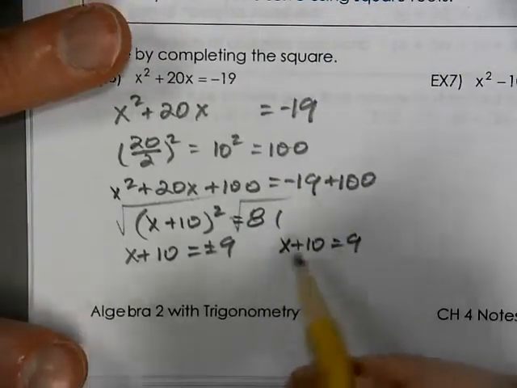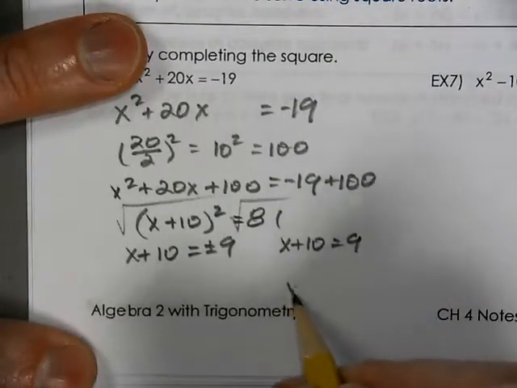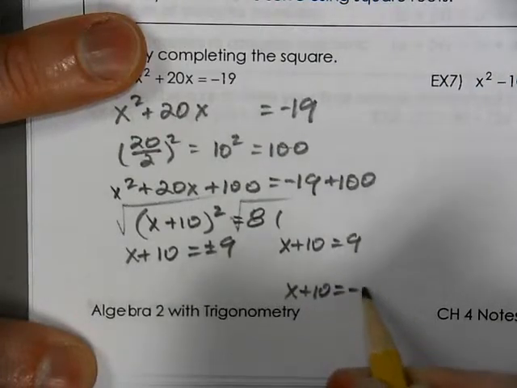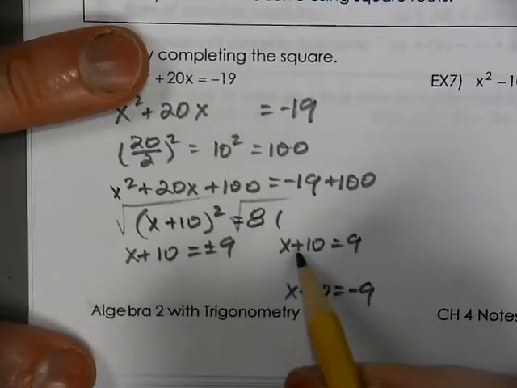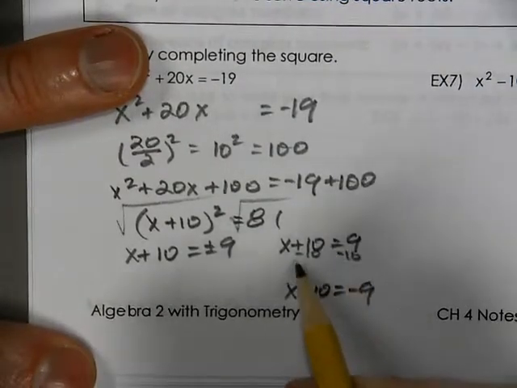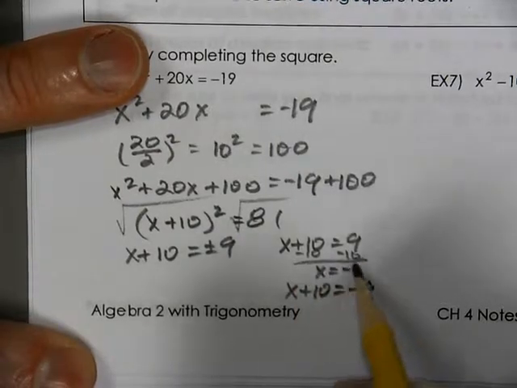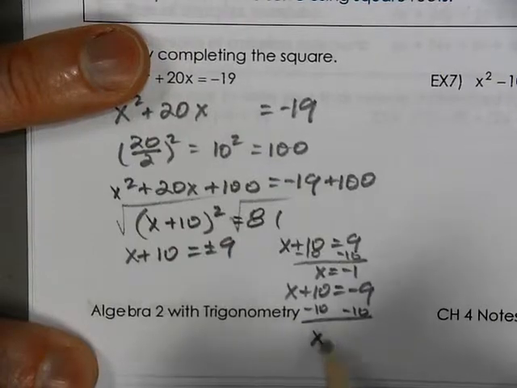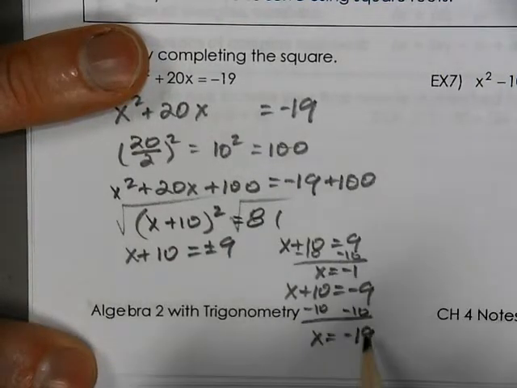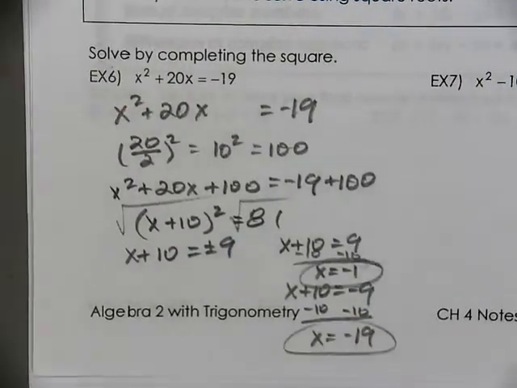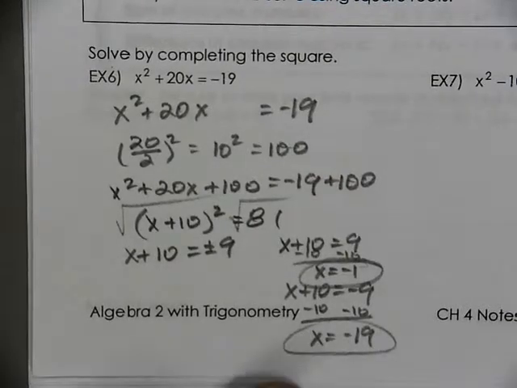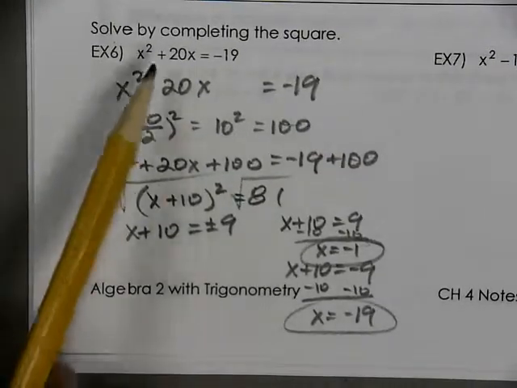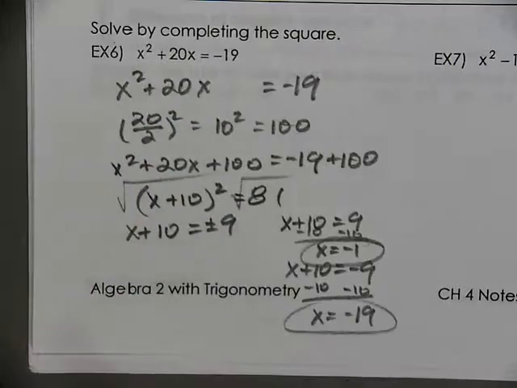X plus 10 equals 9, and x plus 10 equals negative 9. When you subtract the 10, x equals negative 1. When you subtract the 10, x equals negative 19. So we get two answers for what x could be to solve this equation.